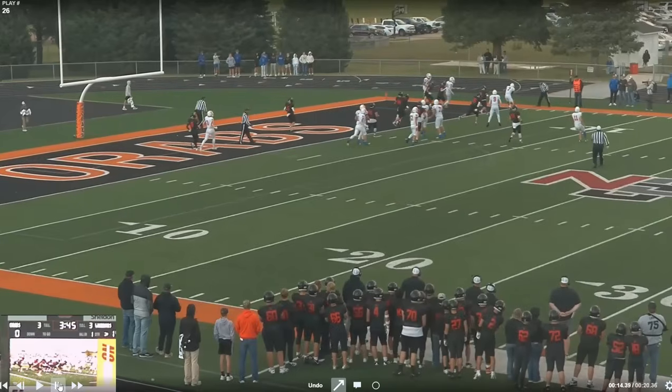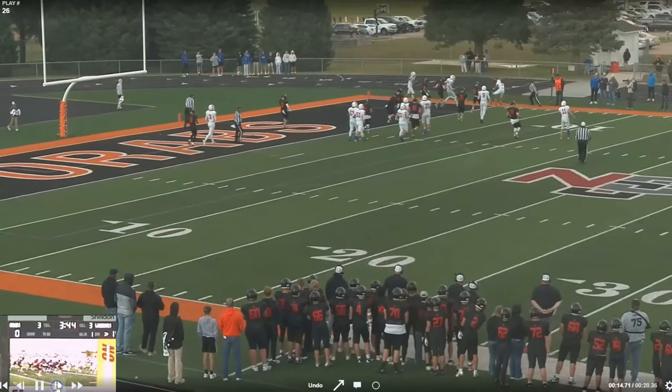So we step back to like the 2-yard line, and now we don't have a great view to see where this ball is in relation to this pylon. If we went straight back and we were looking straight down that goal line extended, we'll be able to make a better judgment on where that ball is, because he needs that ball to get inside over the top of that pylon to be a touchdown on this play.